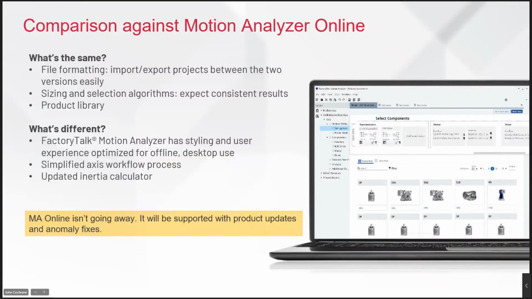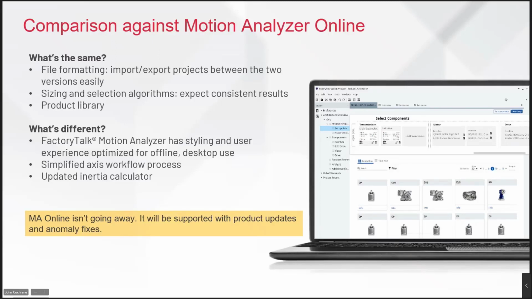And then from just a comparison with the Motion Analyzer online, you'll see that the file formatting is similar. You can import and export projects between the two versions easily using the XML format. You have sizing and selection. These tools will look very similar.